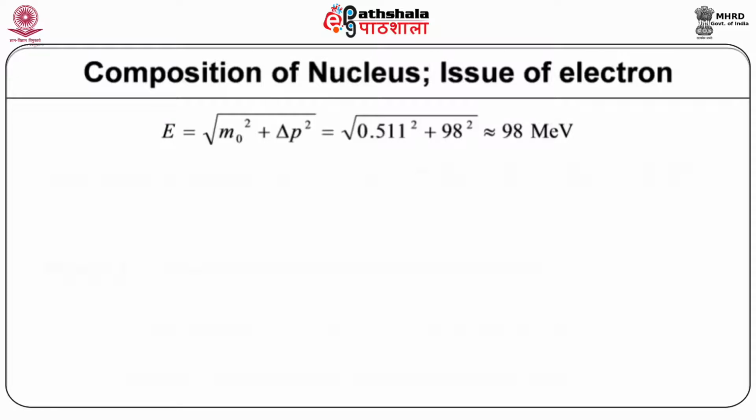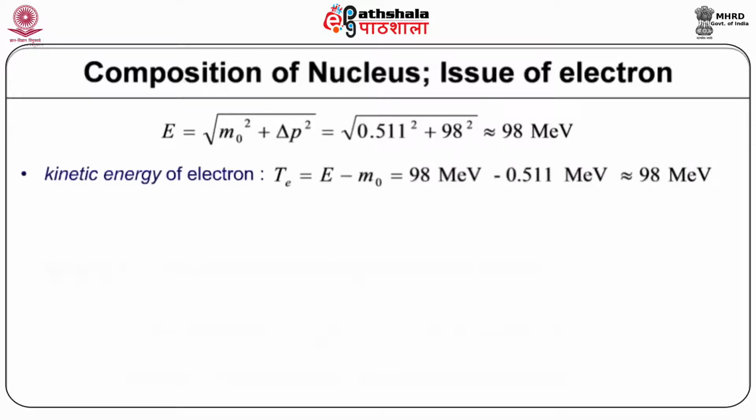Now when we convert this momentum into energy, we have the relation E equal to square root of m0 square plus delta p square, where m0 is the rest mass energy of the electron. So when we convert this, we find that the energy comes out to be around 98 MeV.